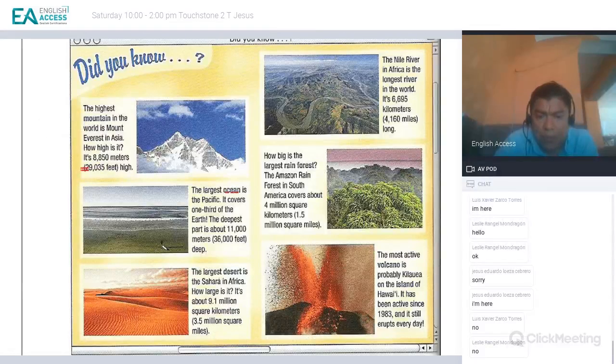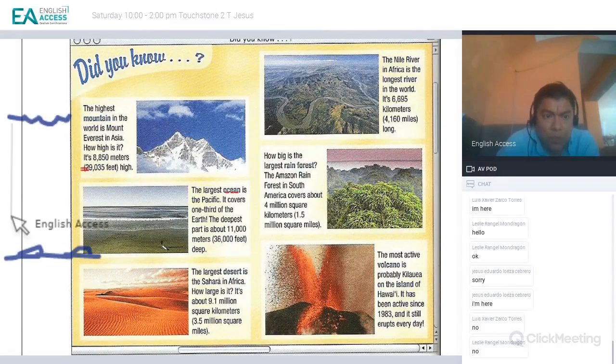What is deep? I'm going to draw a little picture over here. So this is the ocean. I'm going to change the color. This is the ocean. And this is the bottom part where the rocks are and the sun is. Yes. So deep is the distance between the bottom part and the top part.